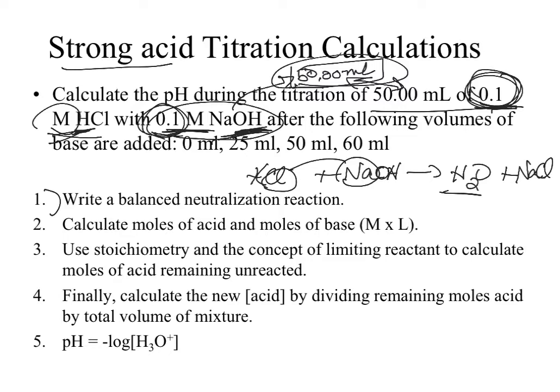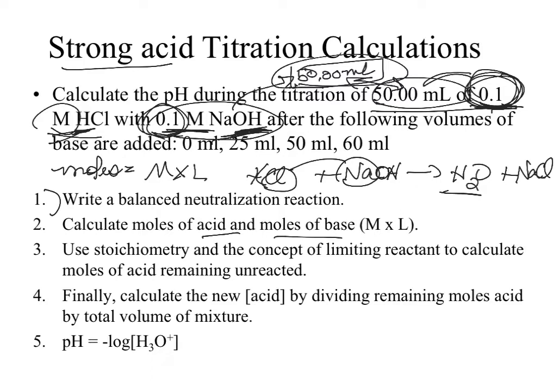Next, calculate moles of acid and base. Remember, if you have a solution, the way to calculate moles is molarity times volume. In a titration, you'll always have molarity and volume, so you just multiply these by each other to get moles.